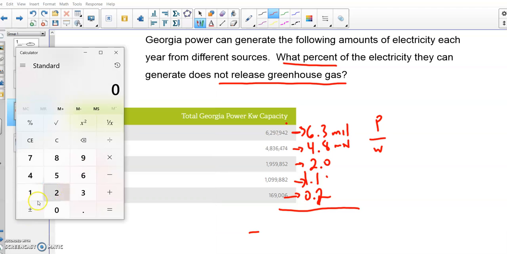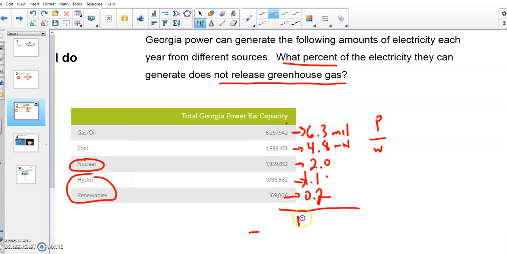That's not really so hard to add, but I'll make sure I'm accurate here. 6 3/10, 4 8/10, 2, 1 1/10, and 2/10. So altogether, if I add those up, I get something around 13 4/10 million kilowatt hours of electricity. That's the unit electricity is made in. My thing is disappearing on me.